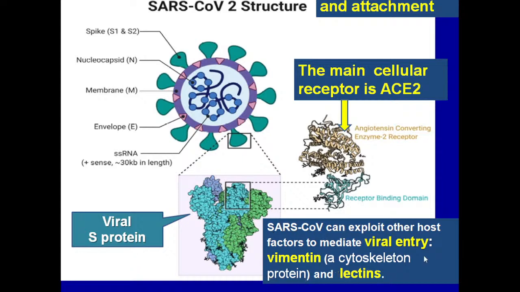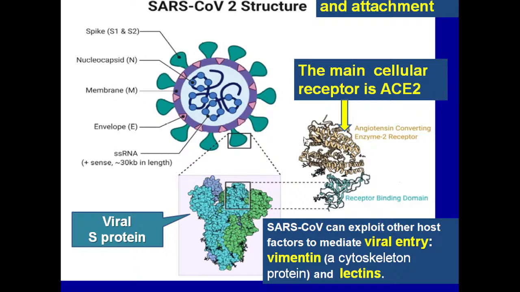So these are different target receptors that may somehow support the virus entry and multiplication. But of course, I would like to repeat that the best, very important target for this virus is the ACE2 receptor.